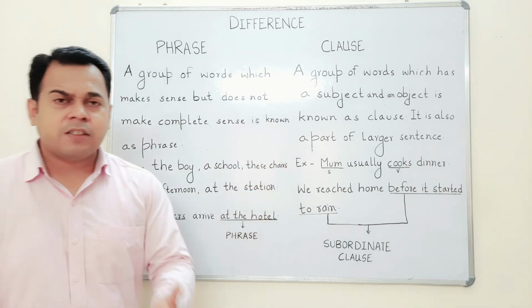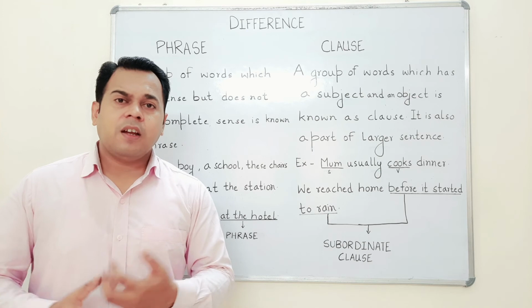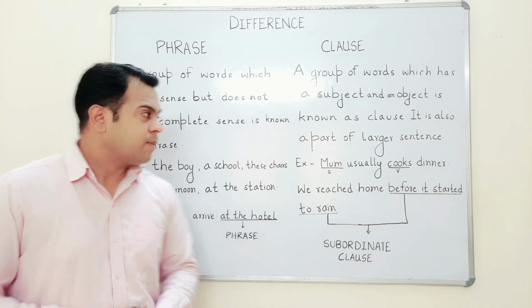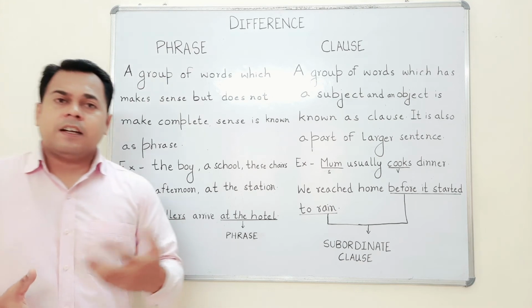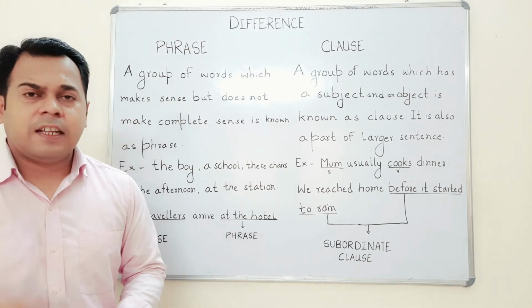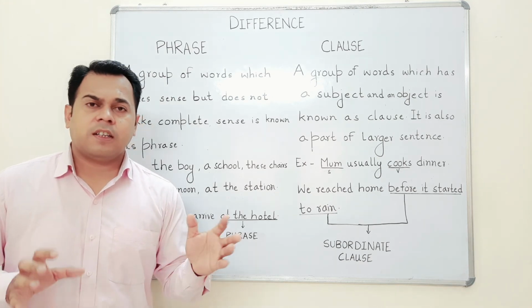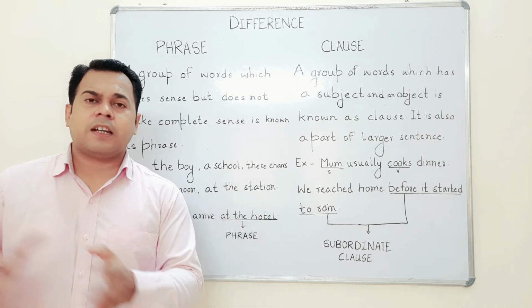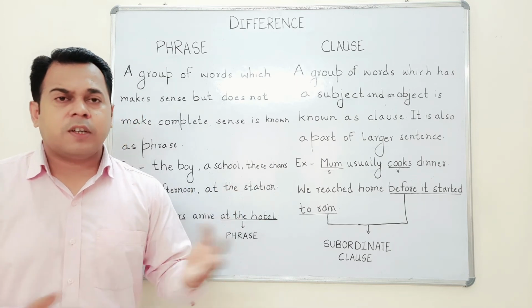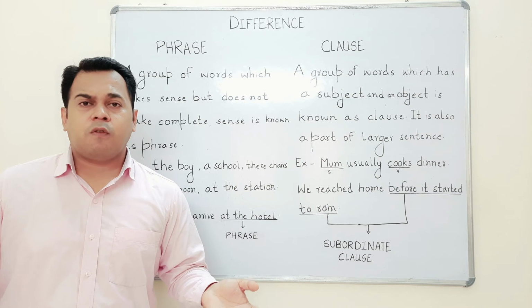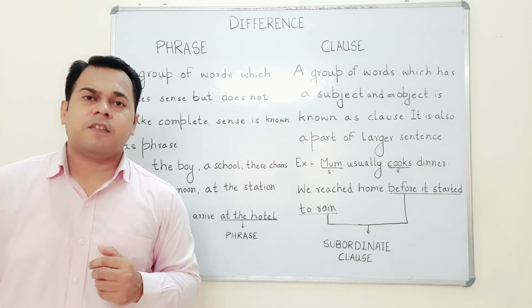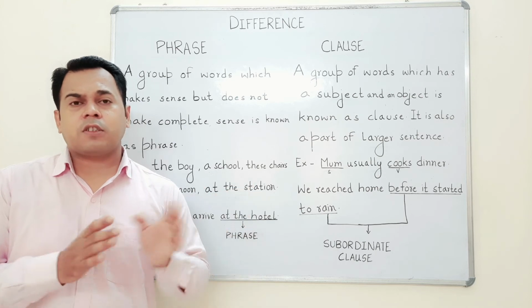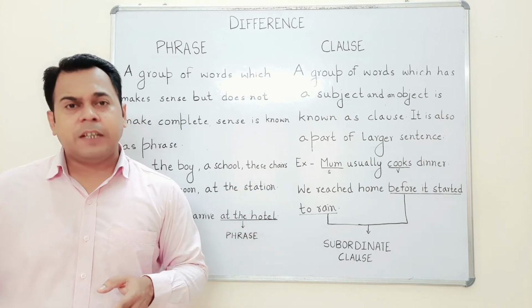Let's revise it once more, then we'll end the video. So what is a phrase? Let's say the sentences: in the sky, or the night was dark and the way was long. Here the dark is a phrase, but the night was dark and the way was long is a complete sentence.